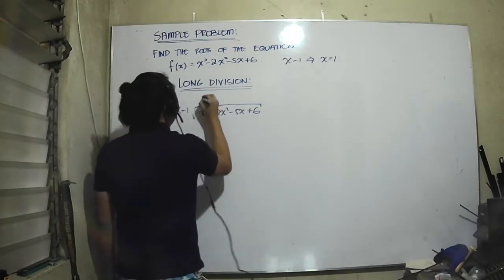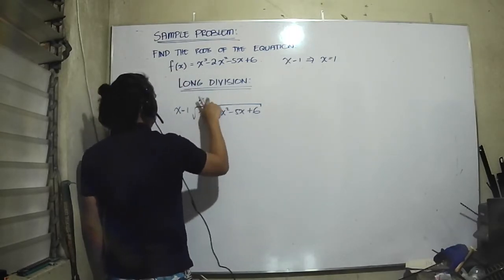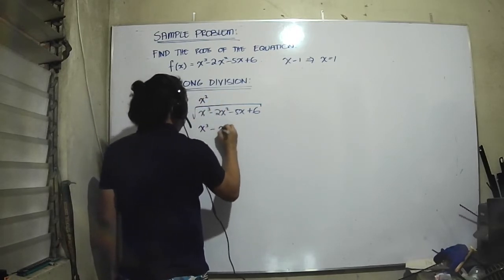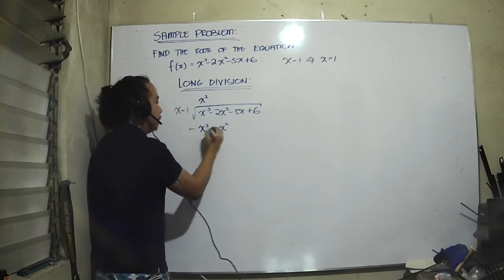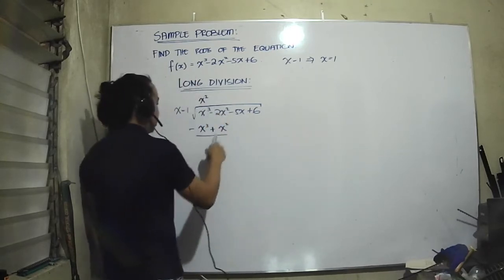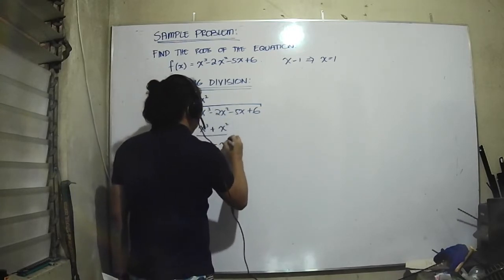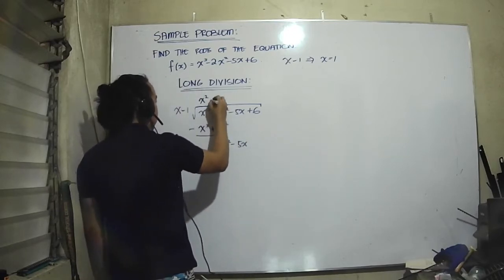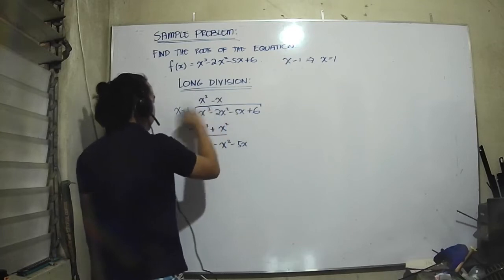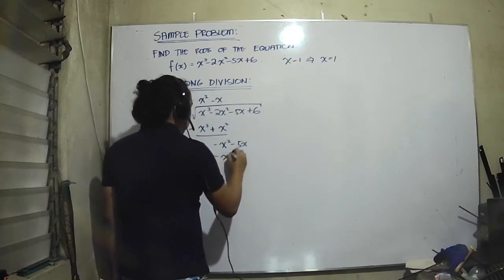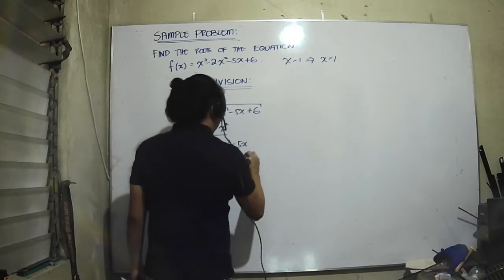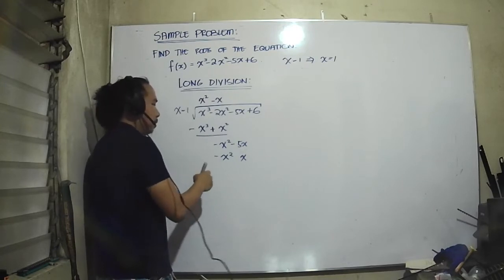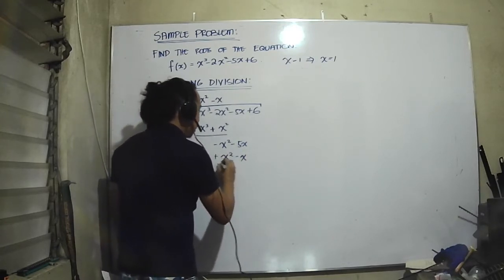Now, this is x², so x³ minus x². We subtract, so this is 0, and this is negative x², then bring down 5x. This is negative x, so negative x² plus x. Changing signs, this becomes positive and this becomes negative.